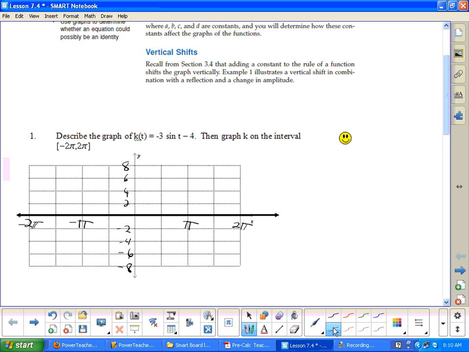So first of all, what happens to this graph? Okay, one thing is going to be moved down 4 units. Okay, what else? Okay, so it's vertically stretched by 3, and then what's the negative do? Okay, so we're going to reflect it across the x-axis. So that's vertical.